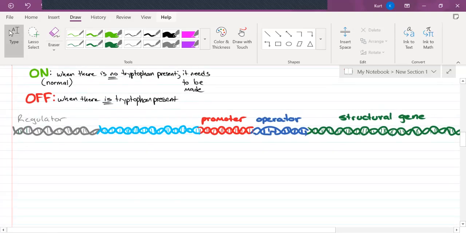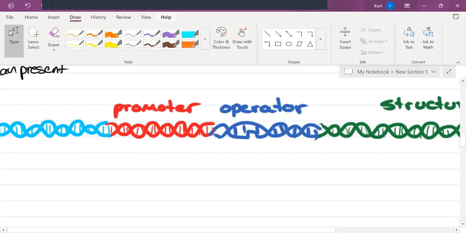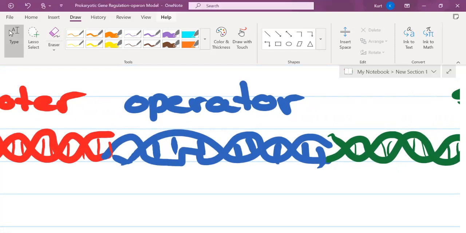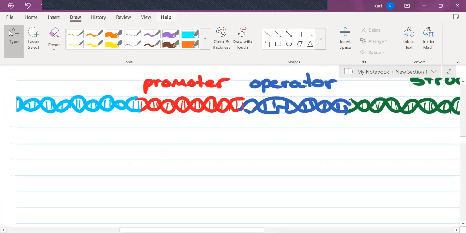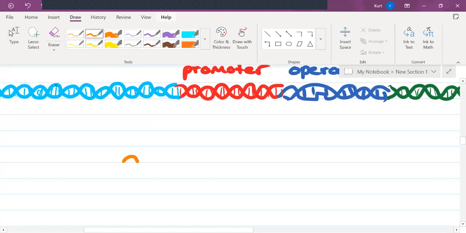Okay, now, one thing I'm missing here is a repressor. Before I get to that, I want you guys to look at the operator. You see that little square-shaped notch in there? I drew that on purpose. That is where the repressor plugs in. The operator is basically the on-off switch. A repressor, as we went over yesterday, the definition is it subdues, or it stops, or it halts. Take a look at how I draw my repressor.